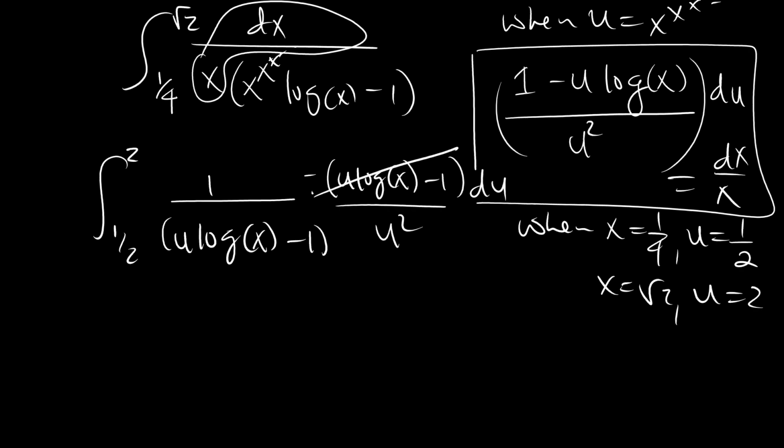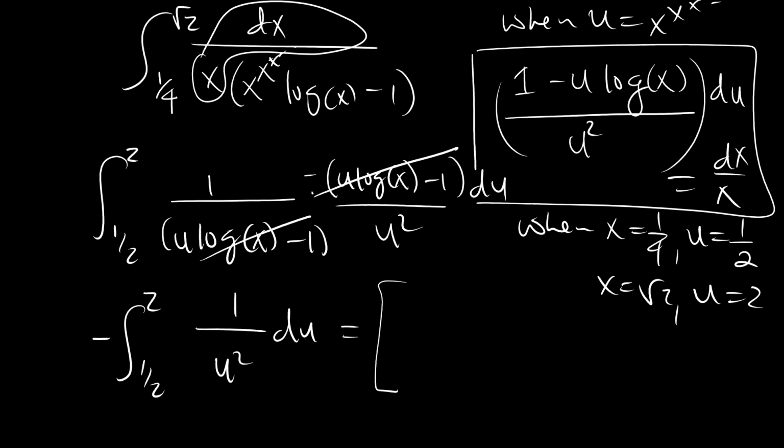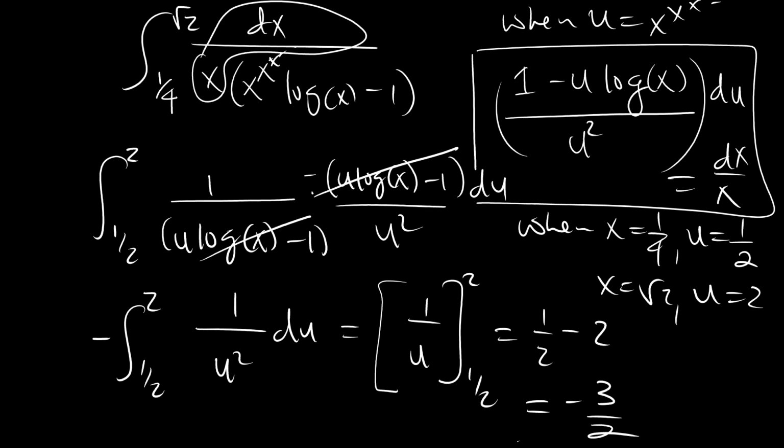You see this and this would cancel. So we have negative, from a half to 2, of 1 over u squared du, which is equal to 1 over u from a half to 2, which means a half minus 2, which is negative 3 over 2. And that, ladies and gentlemen, is our answer.